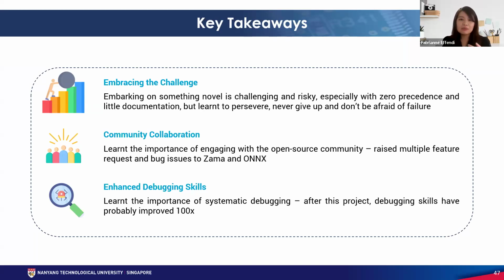For this project, that meant raising multiple feature requests and bug issues to Zama and ONNX. Technically, I also learned the importance of systematic debugging. Because of the lack of documentation for the integration of graph-based machine learning with TFHE, there was a lot of debugging to be done, and because of that, my debugging skills also significantly improved.